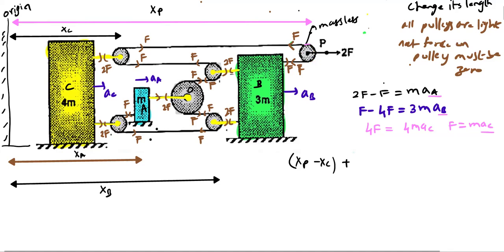Then this length will be defined as xb, because the displacement of this pulley and the block will be the same. So the change in length of string should be equal to xb minus xc.